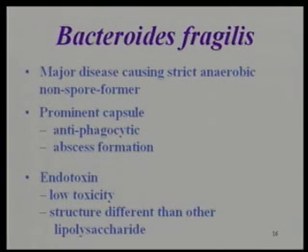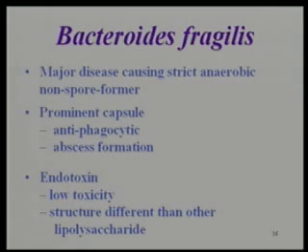Okay, now we singled out Bacteroides fragilis. And why did we single it out? Because it's the major disease-causing strict anaerobic non-spore former. This organism has been studied a little more, not a lot, and it has a very prominent capsule, which is antiphagocytic and is believed to actually be involved in the abscess formation that goes on.